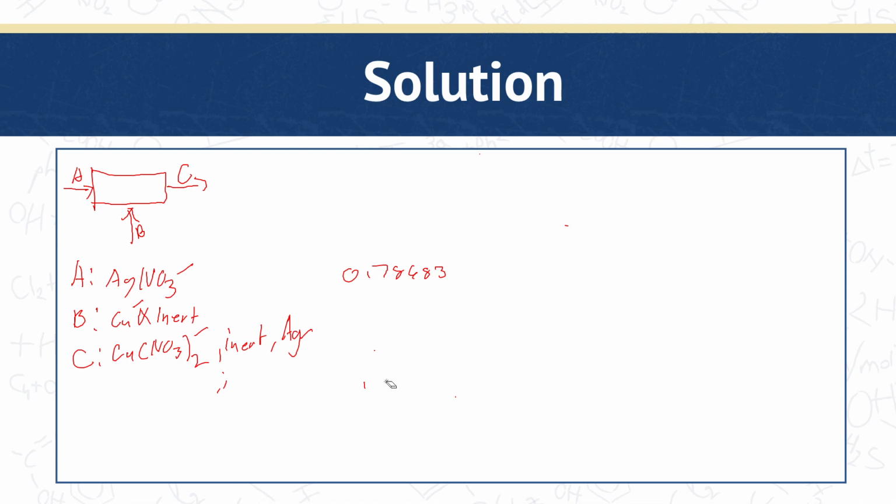So we know first and foremost in our system that we have 0.78683 of copper nitrates, 1.57336 of silver nitrate, as well as 1.57336 silver.